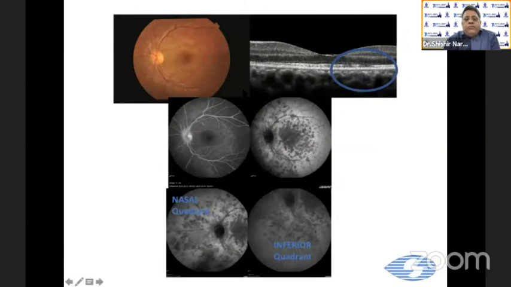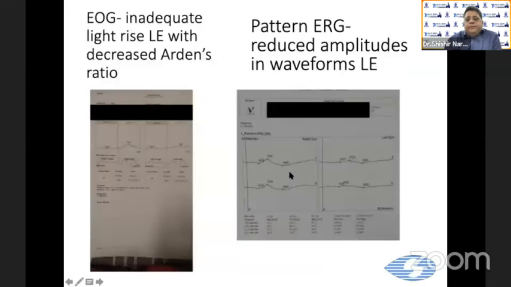So here is one patient of mine. You can see these white dots here, and you can see that there is a disruption of the ellipsoid zone that is present here. But the ICG is showing multiple hypofluorescent areas all over the fundus at the posterior pole, nasally and inferiorly.